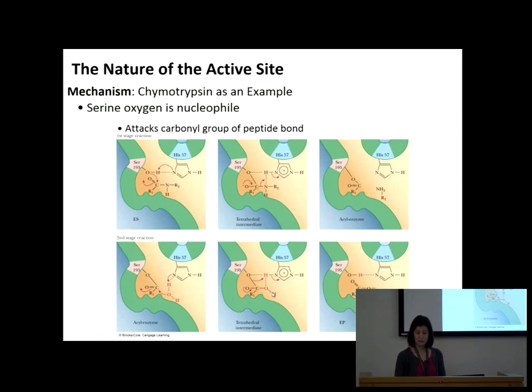This one, I feel that the second stage is probably faster than the first stage because this is even more unstable. You have 3 oxygens around here, where you only have 2 and then a nitrogen, which is slightly less electronegative.